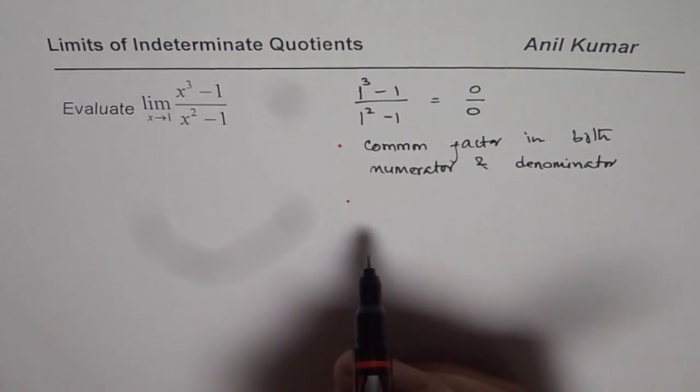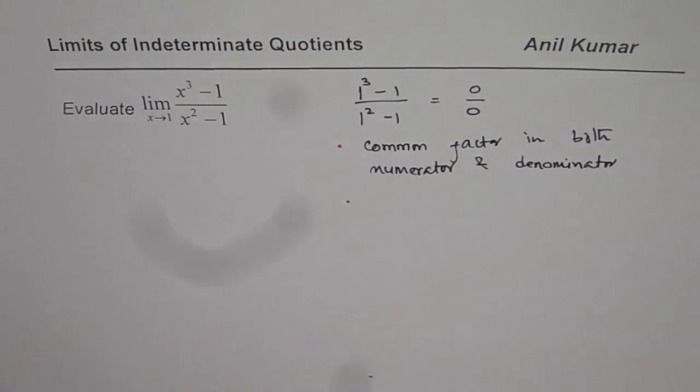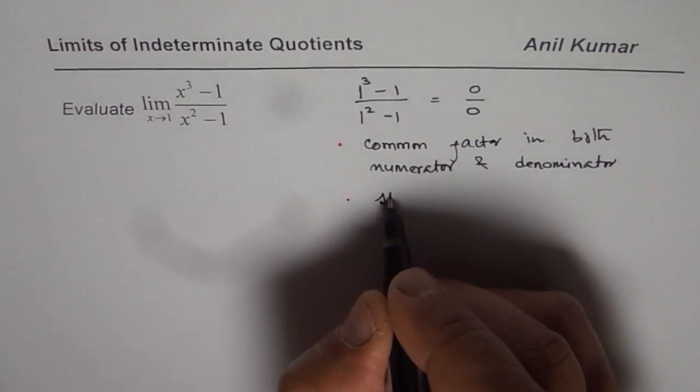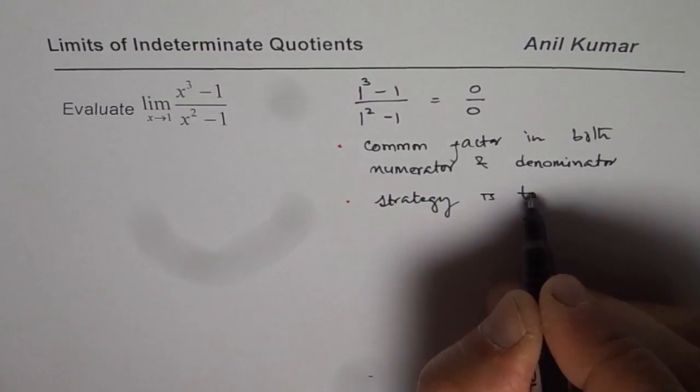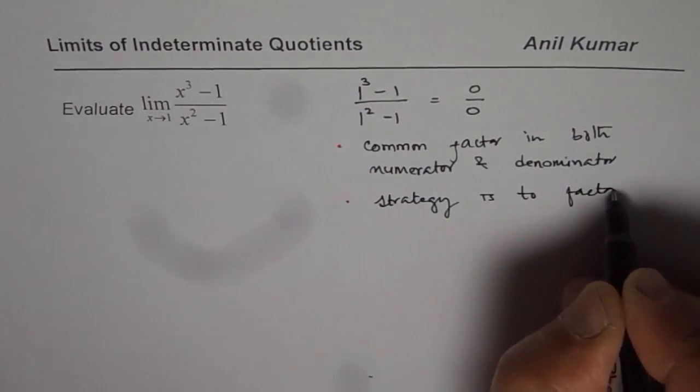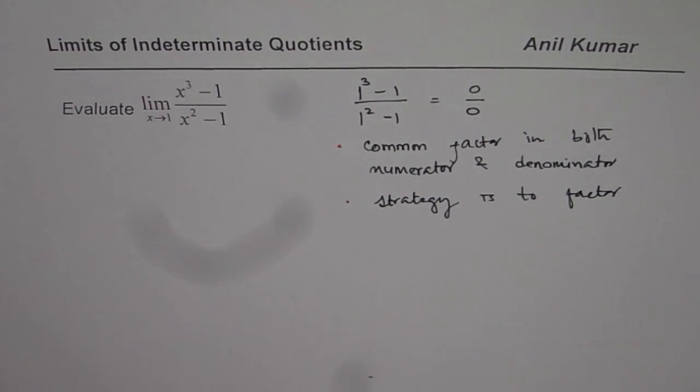So that really means that if I get rid of that common factor, I can find the limit, right? So our strategy is therefore to factor and cancel that common factor. That is the strategy, correct? So this is based on this strategy.